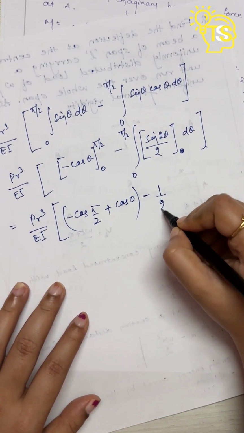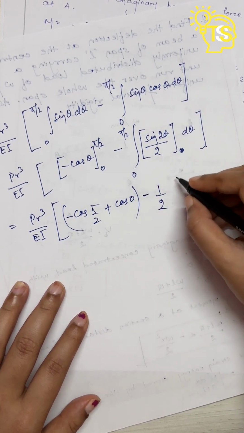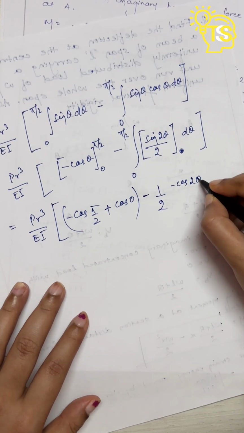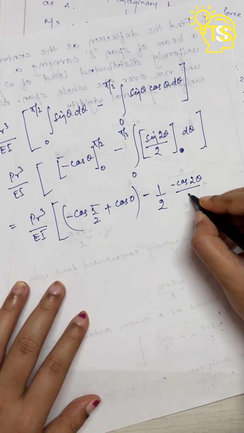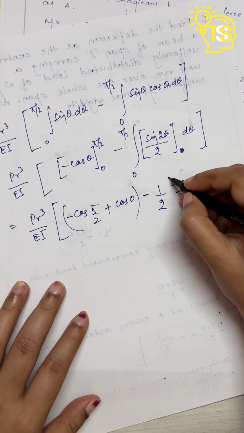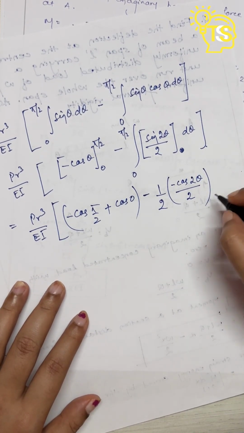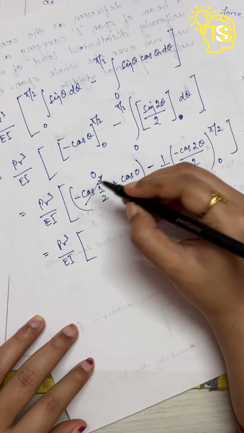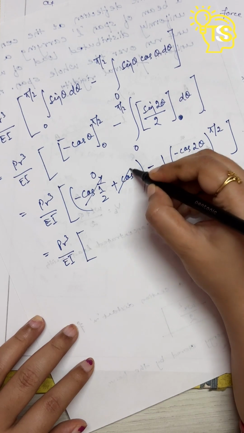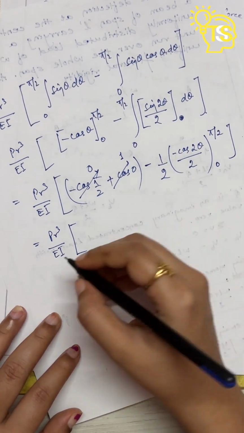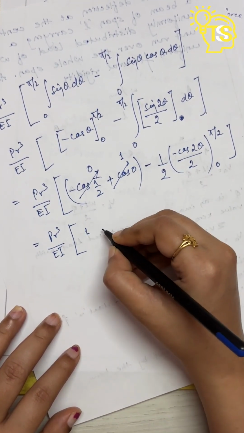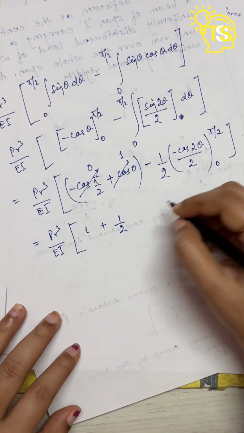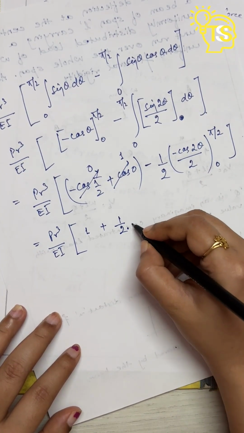Here let's take 1 by 2 outside. Now we will get minus cos 2 theta upon 2 by integrating sin 2 theta. The limit we will take from 0 to pi by 2. The value of cos pi by 2 is 0 and the value of cos 0 is 1. So we can write 1 minus, let's take the minus outside, 1 by 2 and let's take the 2 also outside.